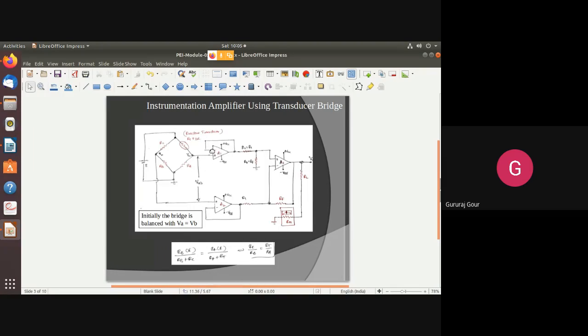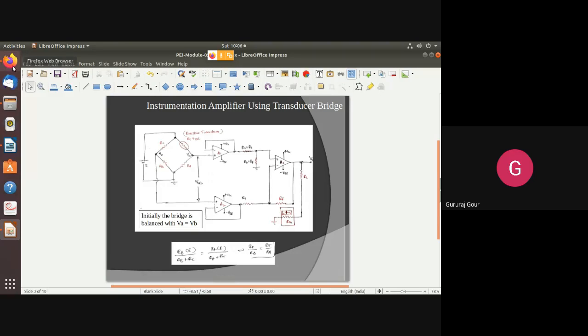And if you look at this one, the negative terminals of both the amplifiers A1 and A2 are fed back to the output. So they are acting like voltage followers. Both the op amps A1 and A2, with the non-inverting configuration, are connected in voltage follower mode.